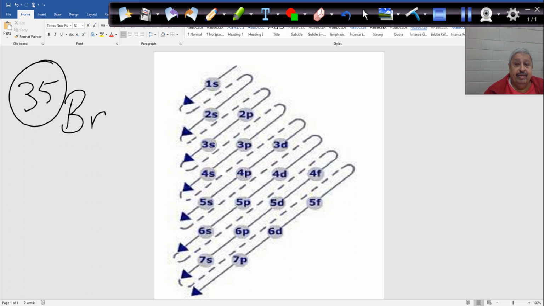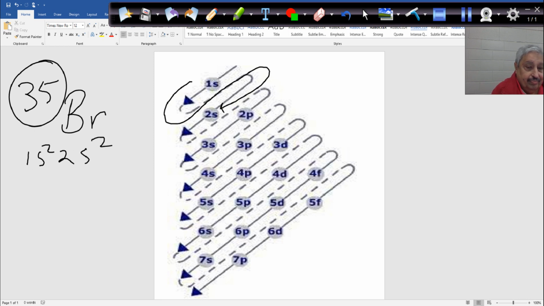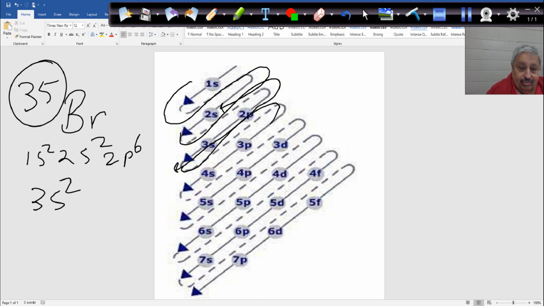So start with 1s2, maximum 2. After that you come here, 2s2, come here, 2p6 maximum. After that 3s2. After that will come 3p6, 4s2.